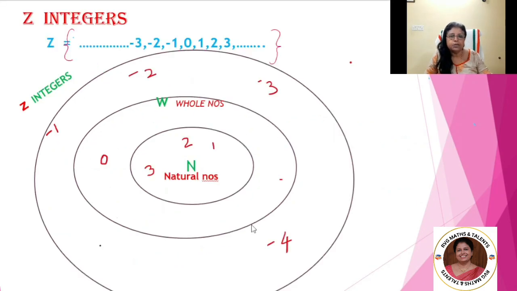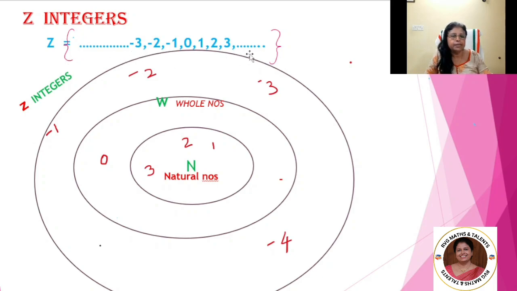Then again, the requirement made man to expand this number system. So these whole numbers are expanded to integers. Integers is denoted by Z, and here we are adding the negative numbers to this whole number system. That means 0, 1, 2, 3, etc. to this side, and negative 1, negative 2, negative 3, etc. to this side up to negative infinity.